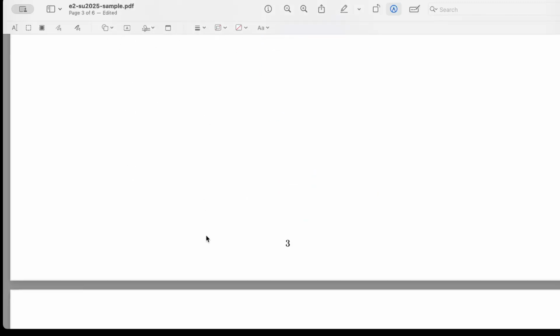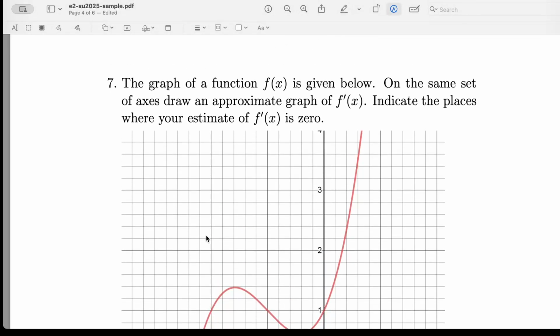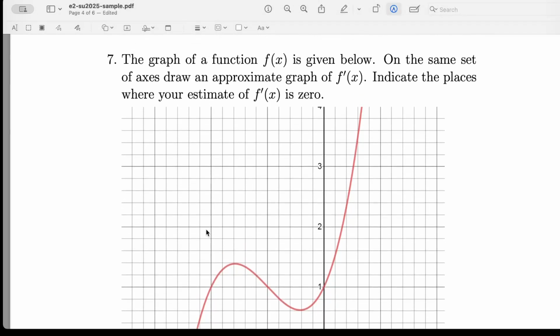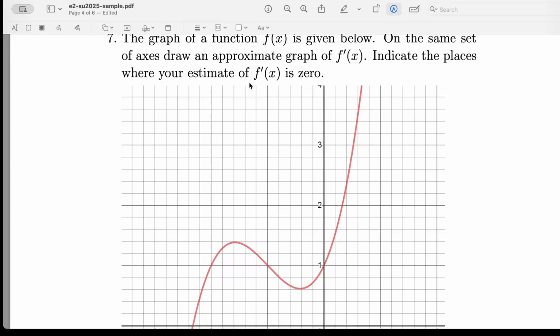What's next? More derivatives. Now, this one is a graph of a function is given, and you are supposed to approximately, not perfectly, but approximately draw the derivative here. Indicate the places where your estimate of f prime of x is 0. That's a good place to start.